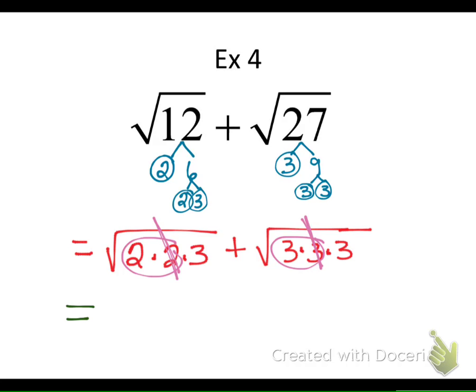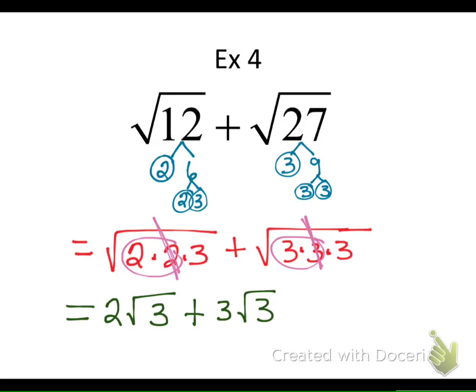Jair, the square root of 12 in simplest form is what? That 2 cancels with the square root sign and moves where? Outside. Okay, and then what's left on the inside? The 3. So I bring down my plus sign. And the square root of 27 will be 3 goes on the outside and 3 left over. Good.